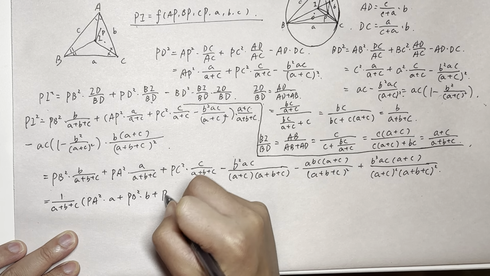I hope you can see it here. Yeah. So we can simply change this term this way. We have, let me write it, start from here. So minus B squared AC times A plus B plus C divided by A plus C times A plus B plus C squared, right?